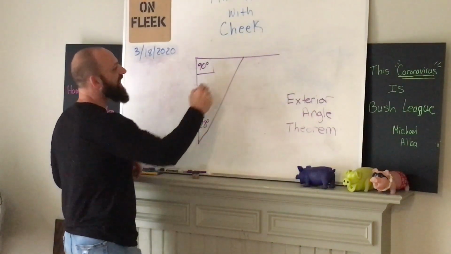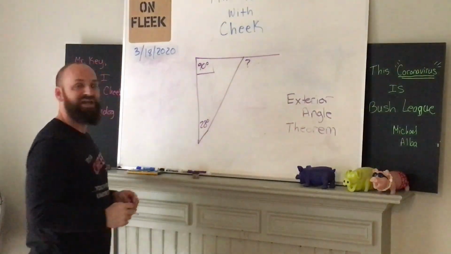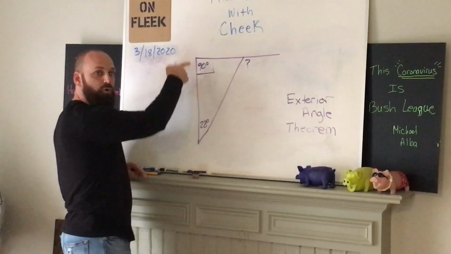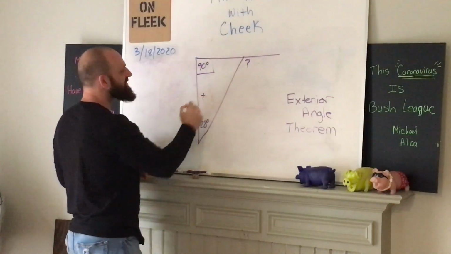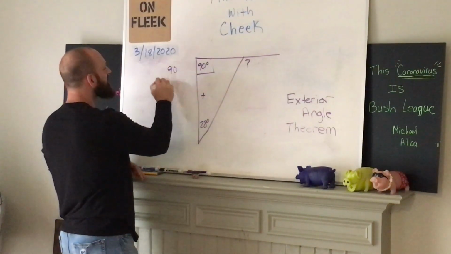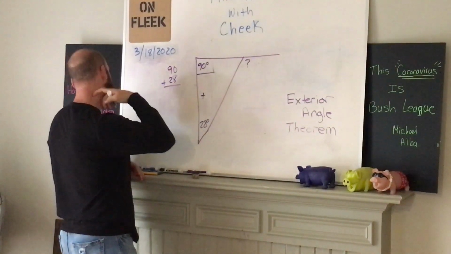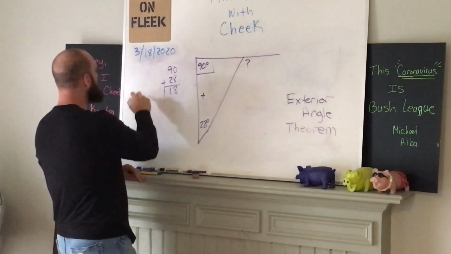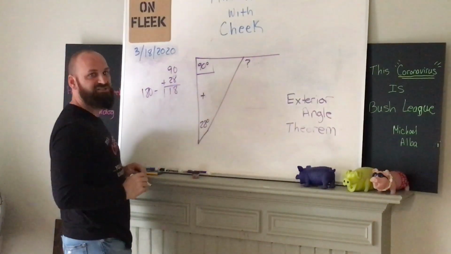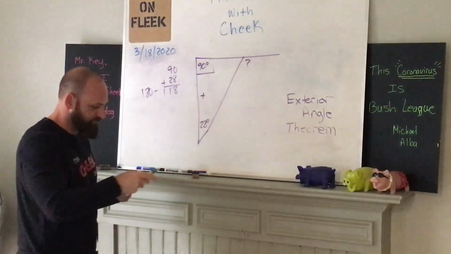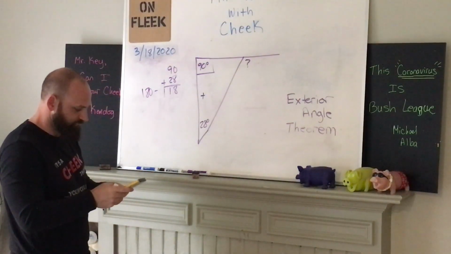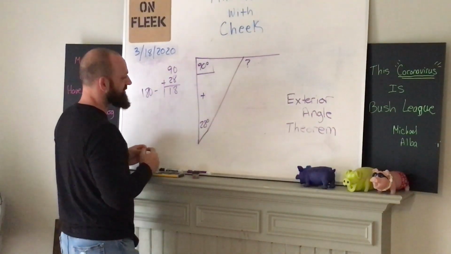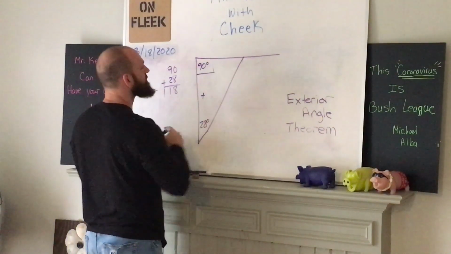If I wanted to find the measure of this exterior angle, it is opposite these two remote interior angles. All I've got to do is add them together. 90 plus 28, that'll be 118. 180 minus 118 would be 62 degrees.